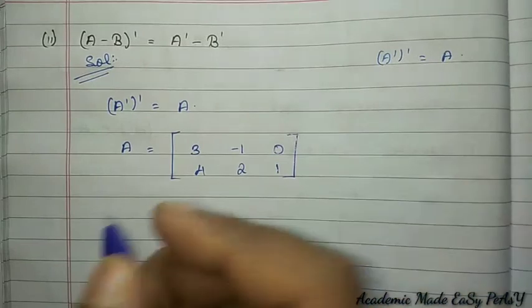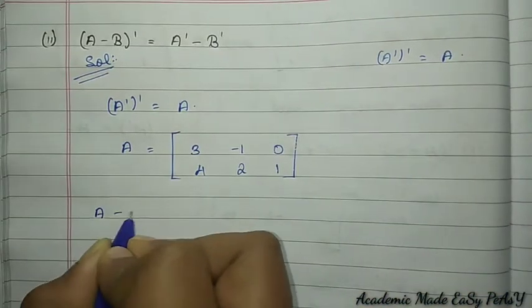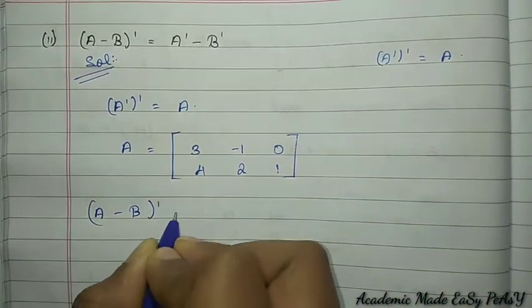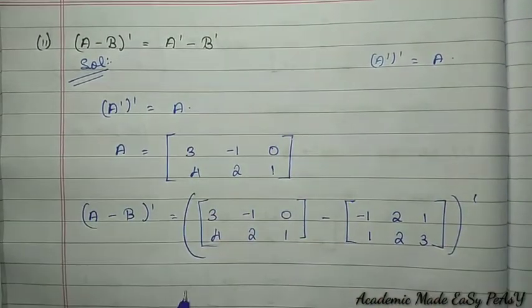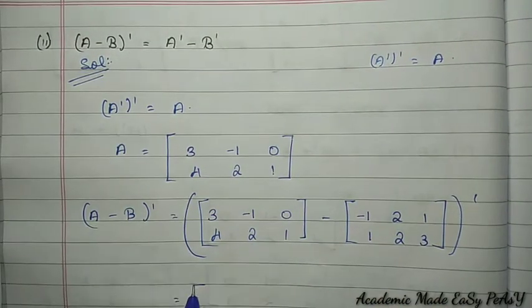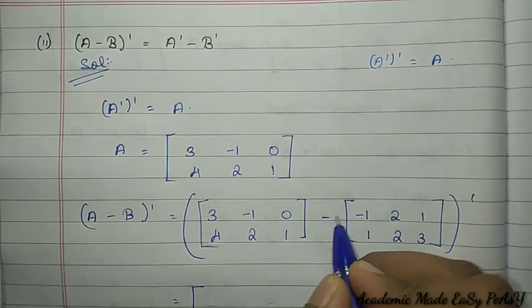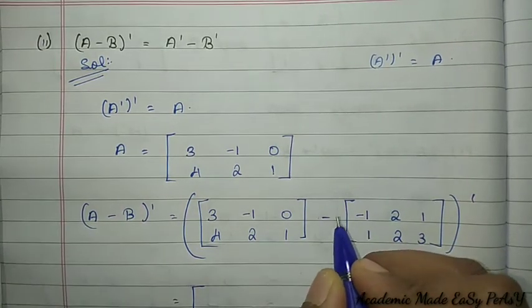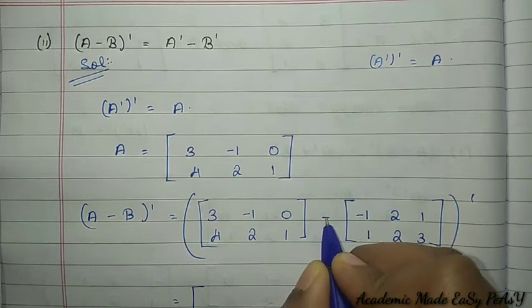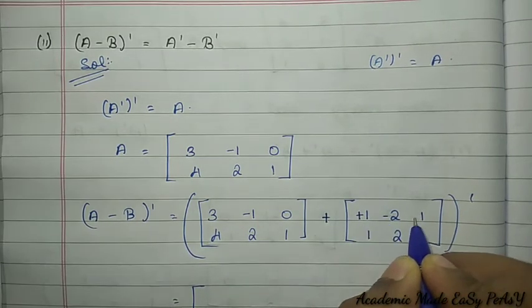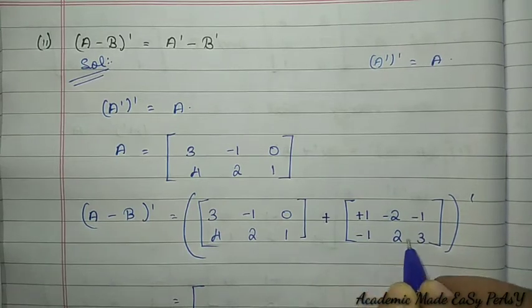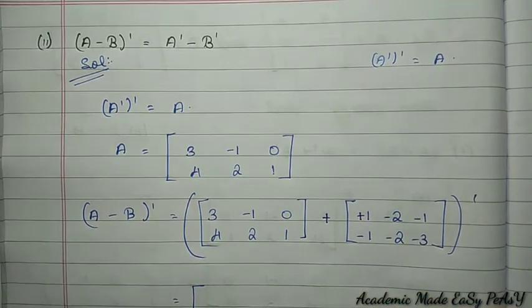So now I will be finding for A minus B the whole transpose, which is equal to. So now since this is subtraction, I will be changing the sign, that is positive to negative. Here it is negative, so positive, negative, positive, positive, negative, positive, negative. Here also it is positive, so negative.